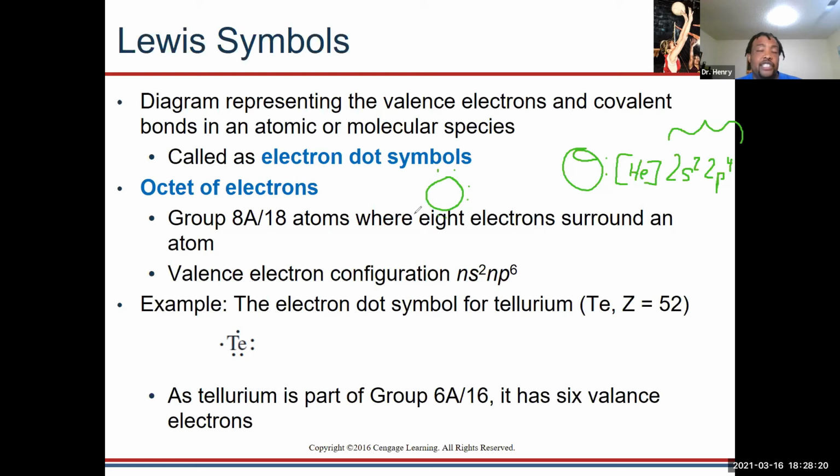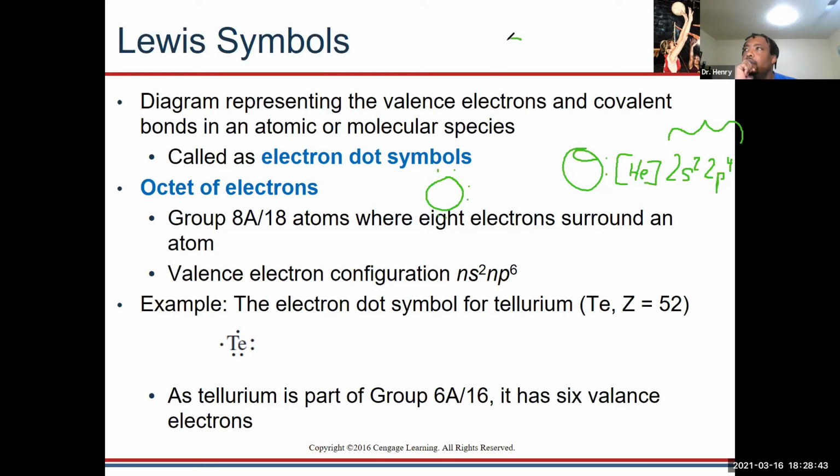So the goal is to try to get 8 around you. So you're going to try to find a way of getting 8, right? But first, we just want to draw the Lewis structure. We're talking about the valence electrons. So these are the electrons that are going to be used for bonding, right? So you want to just draw those electrons around the symbol so that we can say, okay, we have 6 electrons that are capable of being used for bonding, okay?